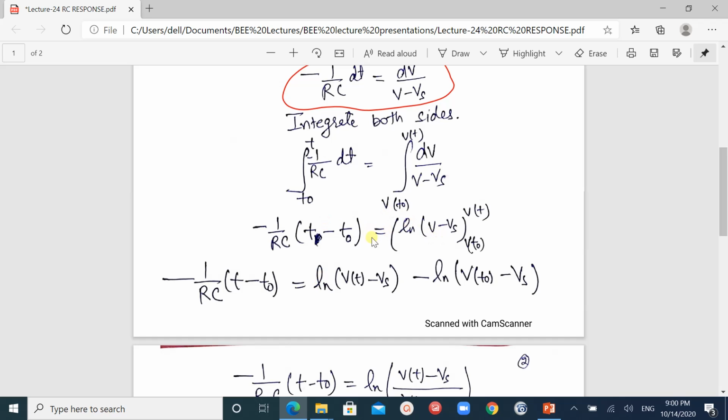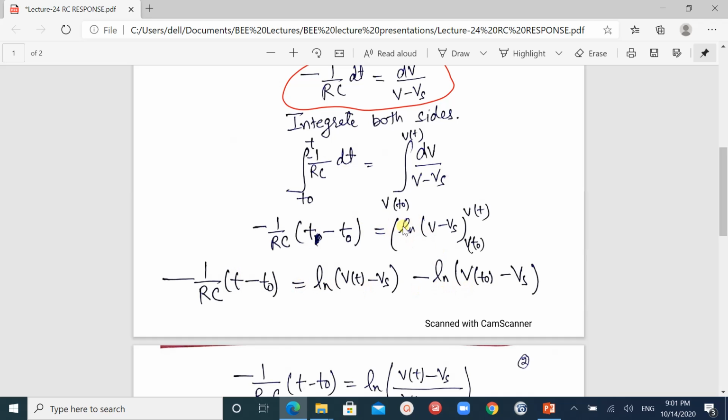When we solve this integration, it will become minus 1 upon RC (t minus t0) is equals to natural log of V minus Vs, with the limits V(t0) to V(t). So we rewrite this equation into this form.